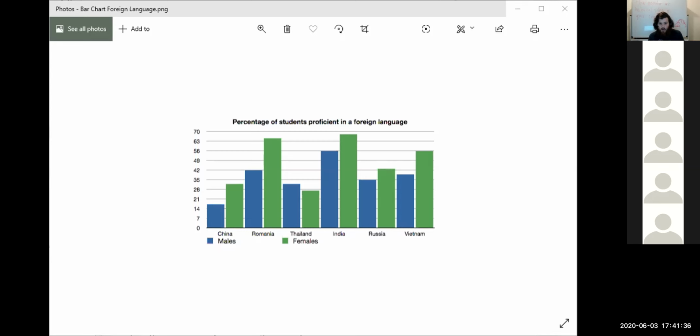Although Vietnam showed similarities to India, in terms of their trend, what do we notice about the numbers, guys?